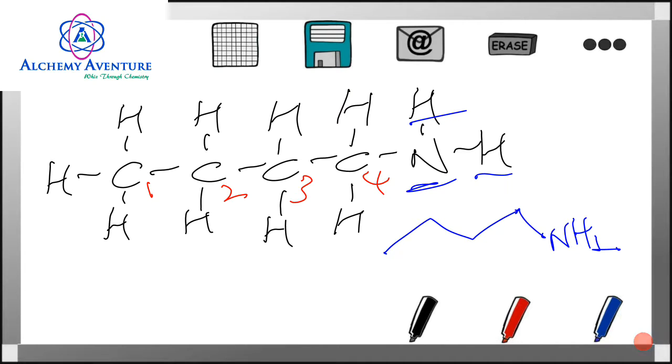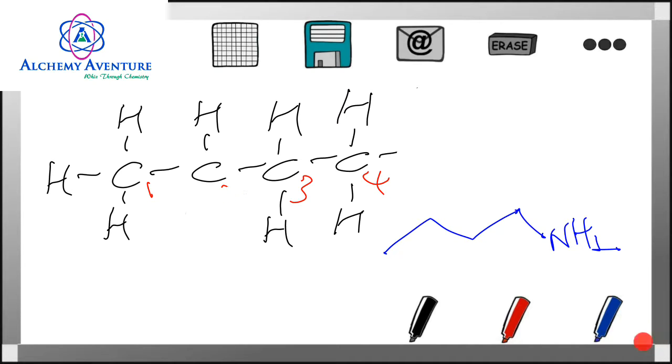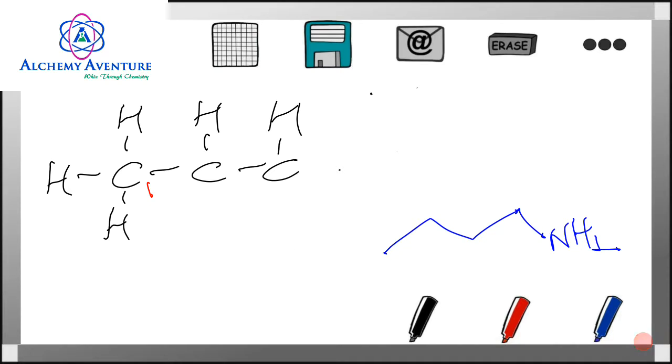Let's move to another example, which involves a double bond. I will use alkene as my example. I like to keep my example simple.